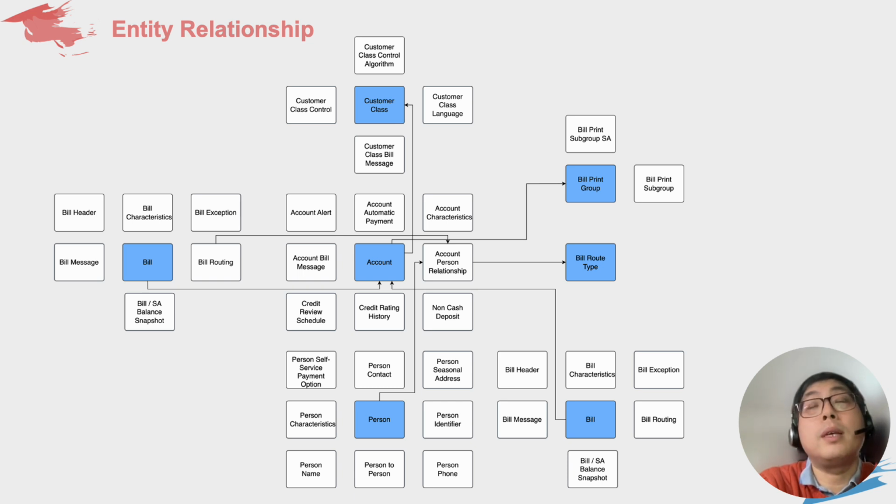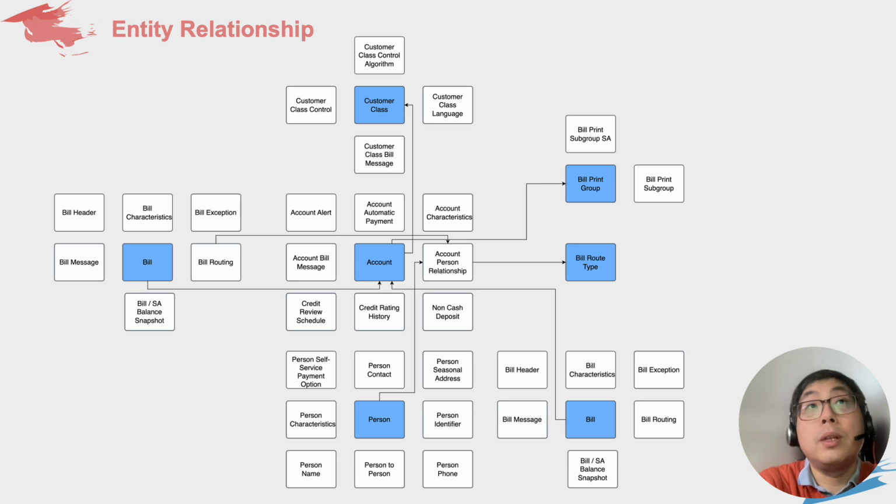We can see the bill is linked to the account. Not only is the bill on the account, but the bill route type is also linked to the account person relationship, which is the link object between person and account.